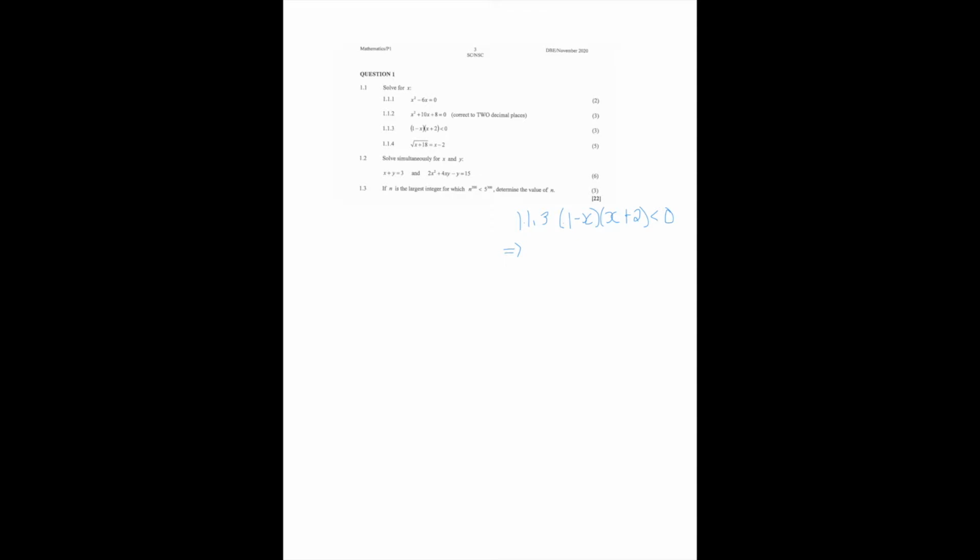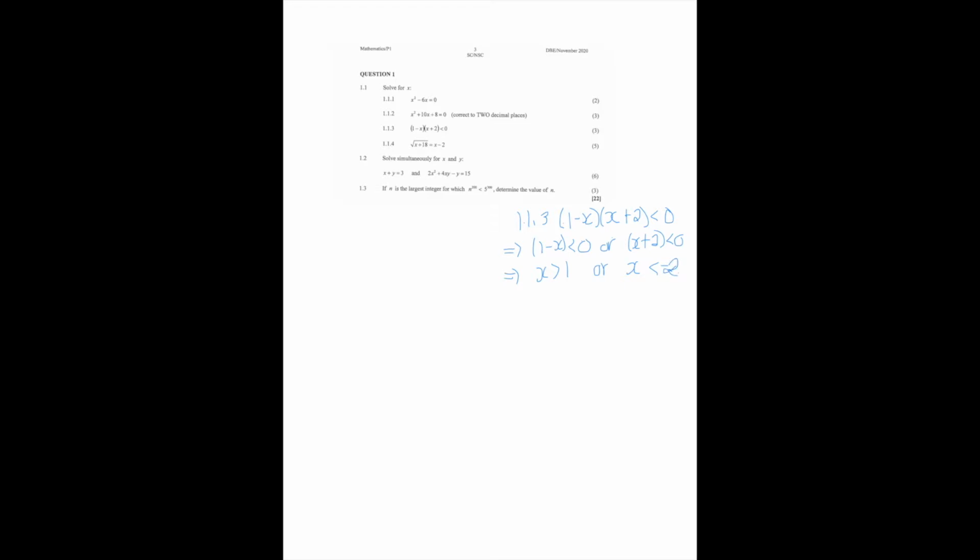So this means that 1 minus x is less than 0, or x plus 2 is less than 0, which means that either x is greater than 1, or x is less than minus 2, right?